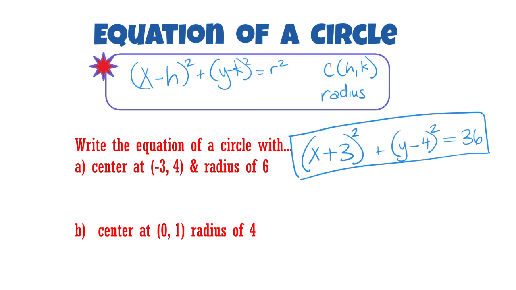It's supposed to give you a shortcut. So it's going to be x minus 0 squared, or just x squared, plus, now this time the y does have something with it, so here we go. It's going to be y minus that y value squared equals the radius squared, which would be 16. Okay, there we go.